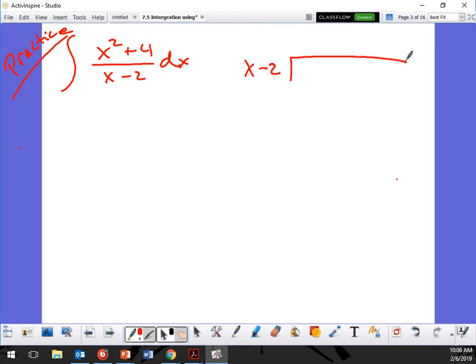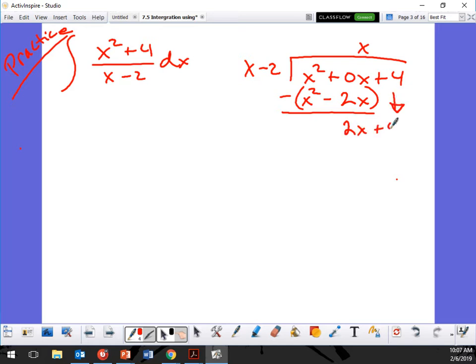x minus 2 into x squared plus 0x plus 4. Because I have to account for every degree, right? So I'm trying to match the first one, two terms over, so it's going to be an x. It becomes x squared minus 2x, parentheses around that, and I'm subtracting. That goes away, and a plus 2x comes down, bring down my plus 4.